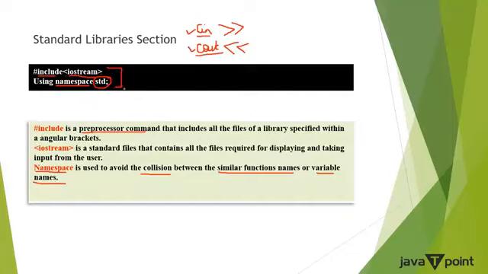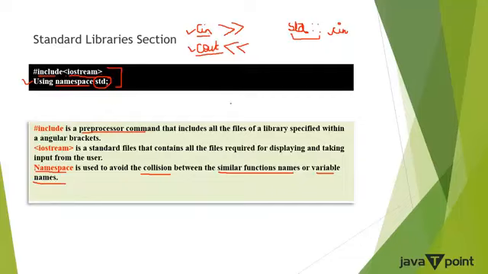If in your program you are not using the namespace std, then you need to prefix std, then the scope resolution operator before the cin and cout like this. To avoid prefixing this, we can use the namespace std like this. If we are using the namespace std, then we don't have to prefix std before cin and cout. We can directly access cin and cout.